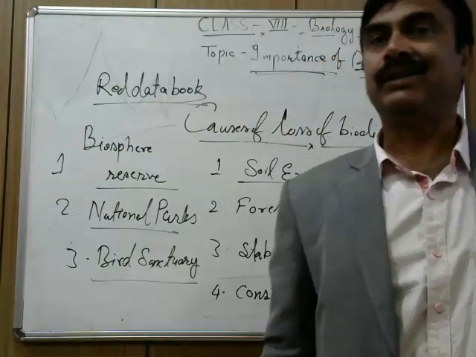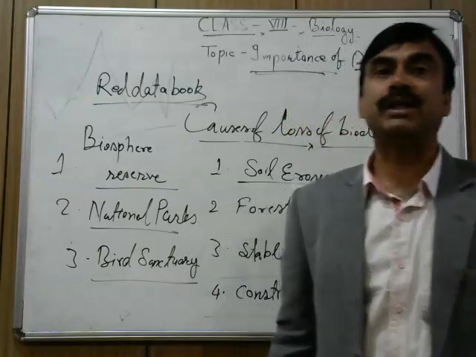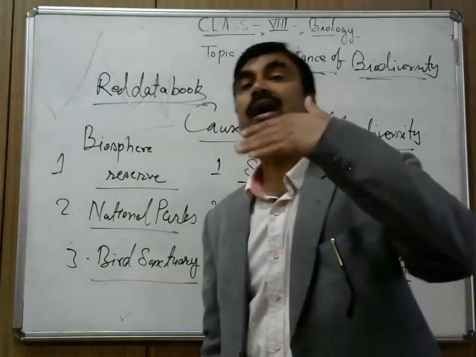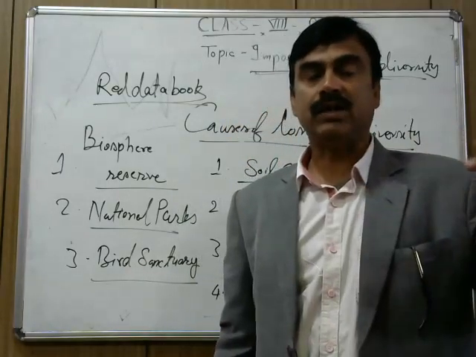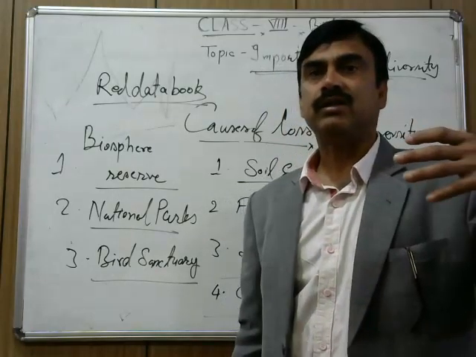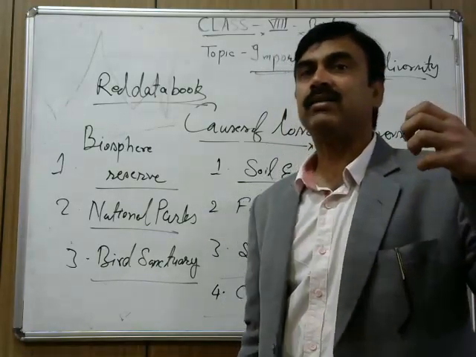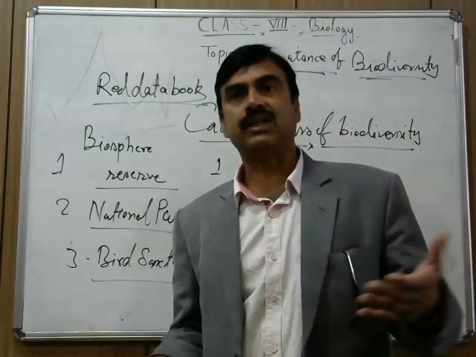There is one rule in 1973, the Tiger Project. There is a ban on hunting. In Corbett National Park, Jim Corbett was a very famous man for the conservation of forest life.